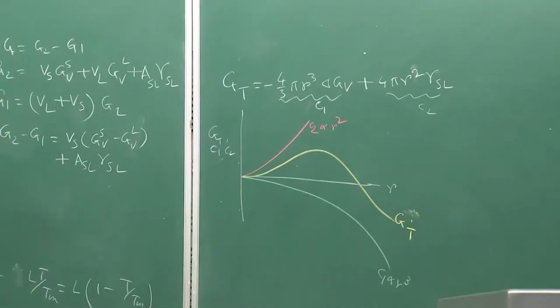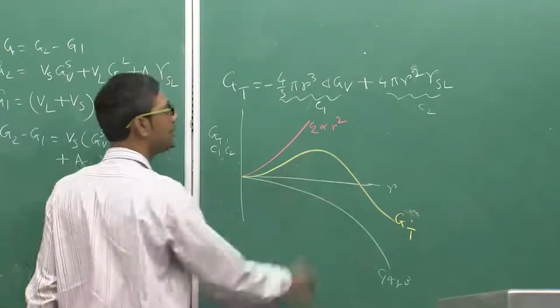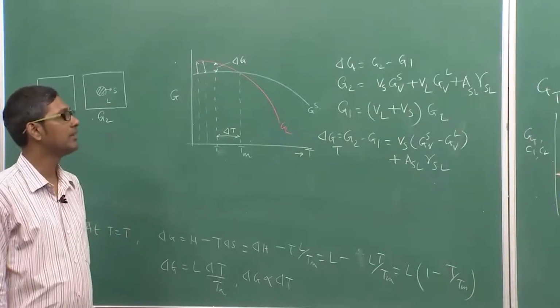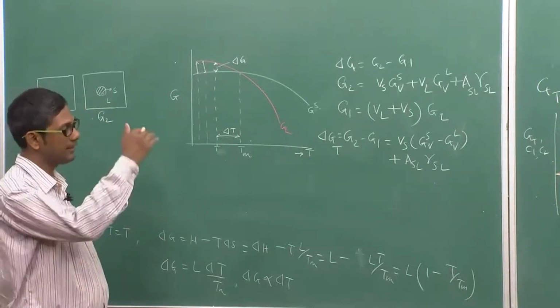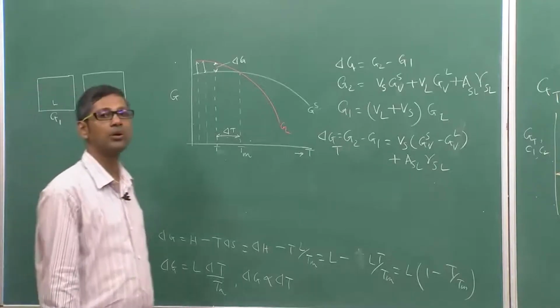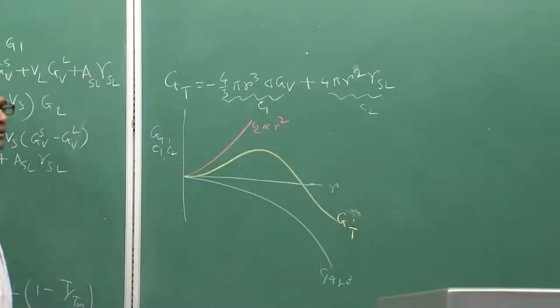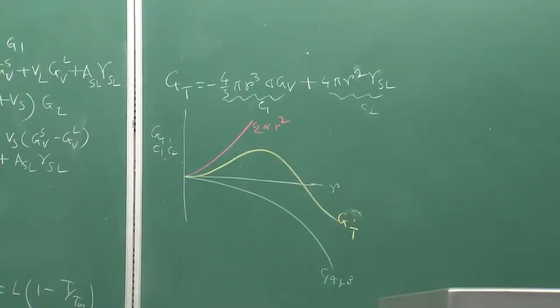But for very large values of R, the C1 term dominates, dropping very fast, so the curve goes down. In between, first there is a rise at small R, then a decrease of the total free energy of the system as R increases.